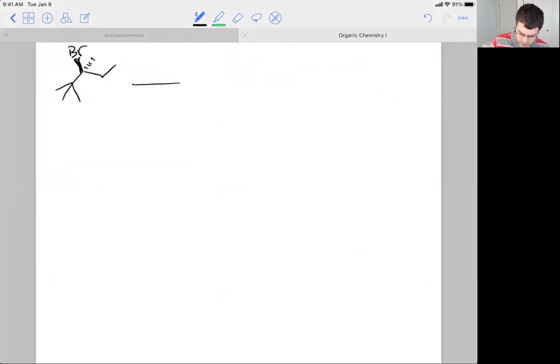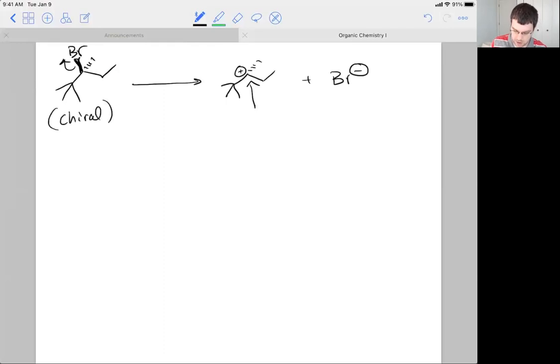Okay, so the first thing that happens in this reaction is that the bromine leaves. That's going to give rise to this molecule here, which has a positive charge, plus Br minus. Now, what I want us to realize is that while our starting material was chiral and a single enantiomer, the intermediate, the carbocation, is achiral.